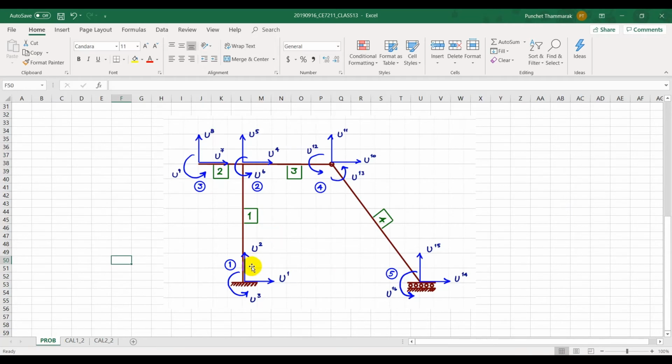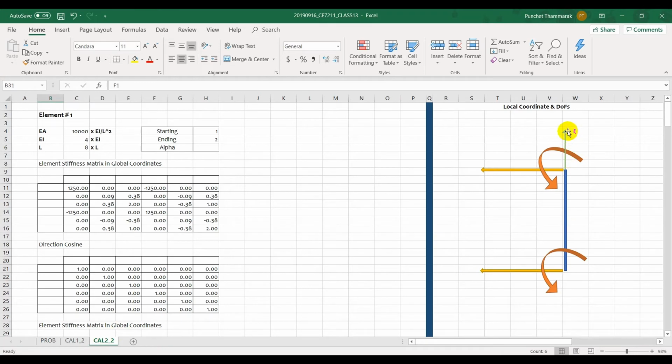So as we use this as the starting node and this is the ending node, that makes the local coordinate pointing towards the positive y direction like this. Now you can see the x going up. If the x is going up like this, and then you rotate your head in a counterclockwise direction by 90 degrees, you will find that the transverse degrees of freedom are pointing towards the negative x direction.